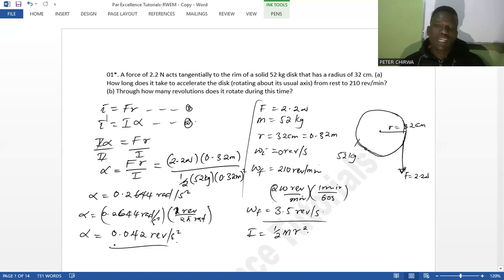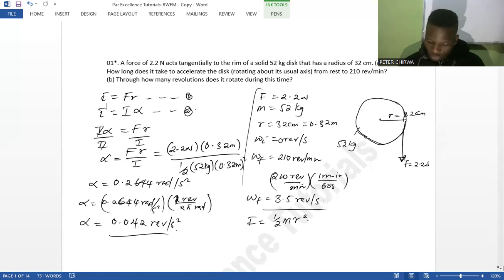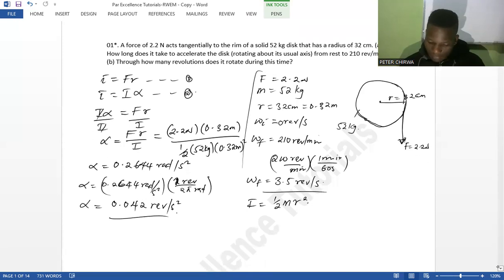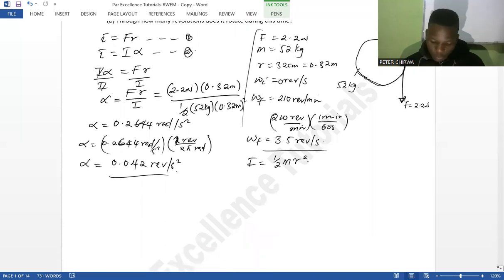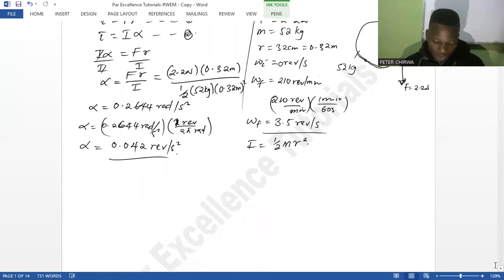So from the angular acceleration, we can now get the time that we are looking for. All right. So how do we get the time that we are looking for?